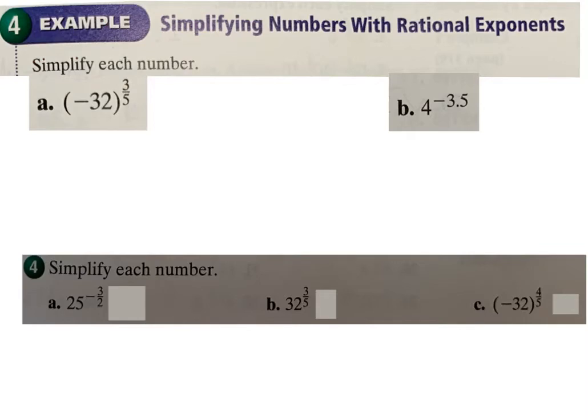So for this example, it says simplify each number. They do this a couple of different ways, and they show you both methods here. You are going to use whichever method works the best for you. So for this one, the first thing they do is they take it to a root that you would know. So if you know that 32 is a base 2, then you can rewrite it.